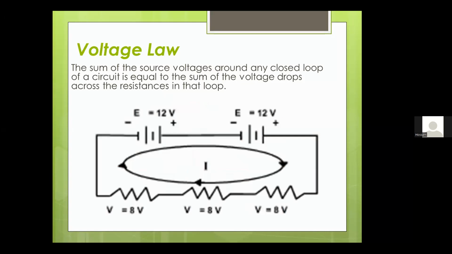The voltage law states that the sum of the source voltages around any closed loop of a circuit is equal to the sum of the voltage drops across the resistance in that loop.